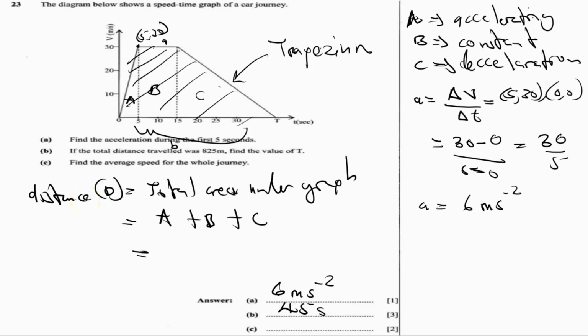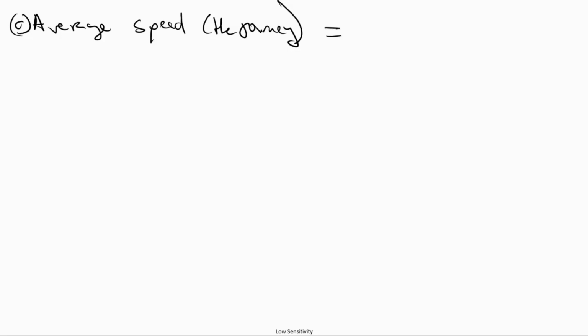C is asking us to find the average speed of the whole journey. So we know that average speed is equal to distance traveled over time.